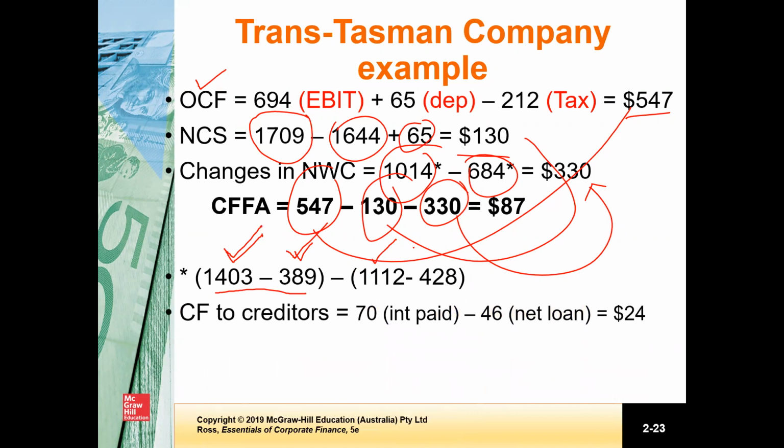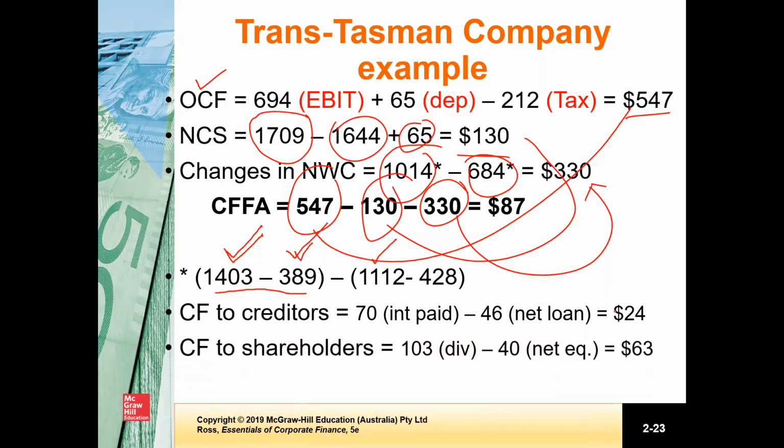So cash flow to creditor is the interest paid minus net new loan, and finally cash flow to shareholder is dividend minus net new equity. So this is how we can estimate cash flows from the other financial statements of a company.